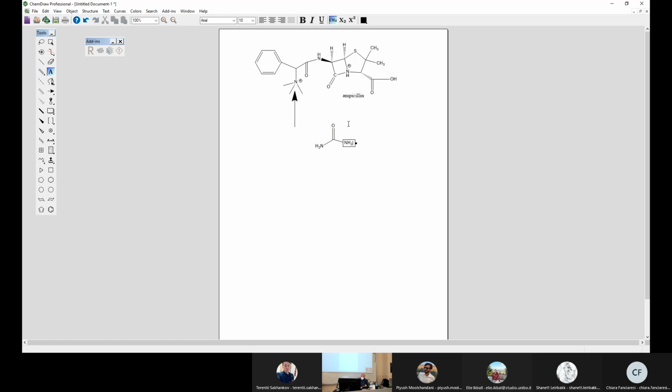But now I show you the chemical structure of urea. You know this compound is present in our urine. It derives from the metabolism of amino acids, of proteins. It's a very hydrophilic compound, very common in agriculture, used extensively in agriculture to increase the growth of the plants.